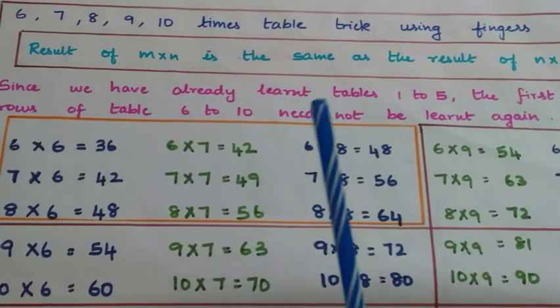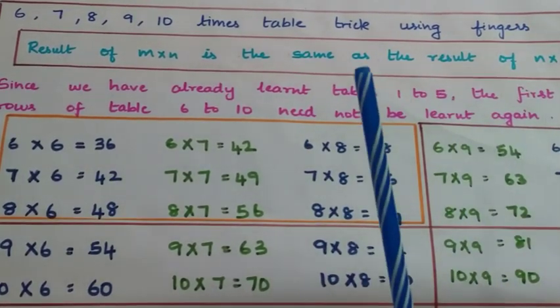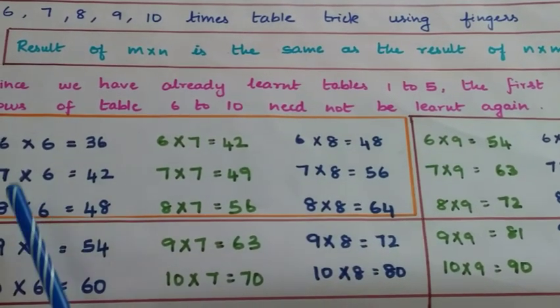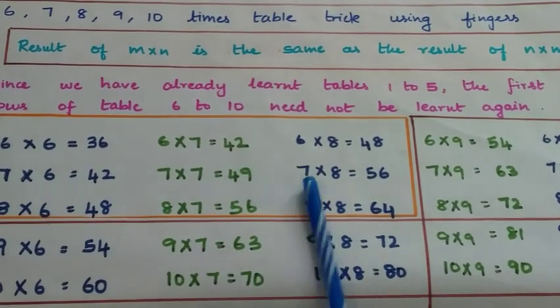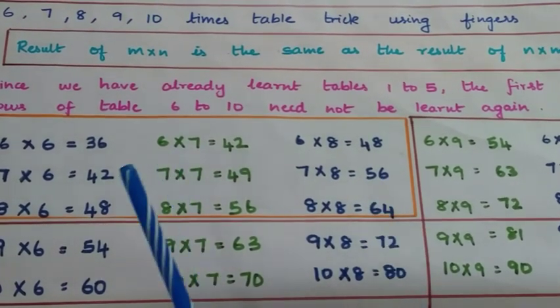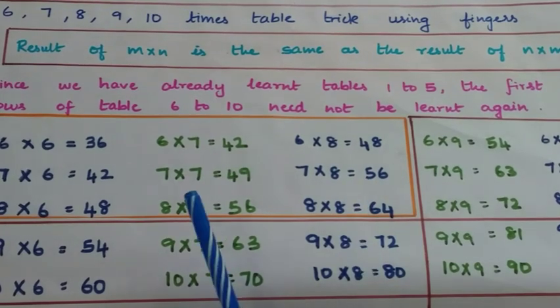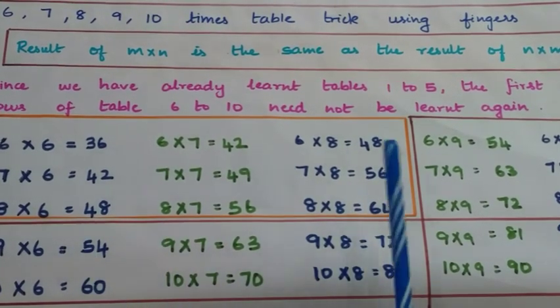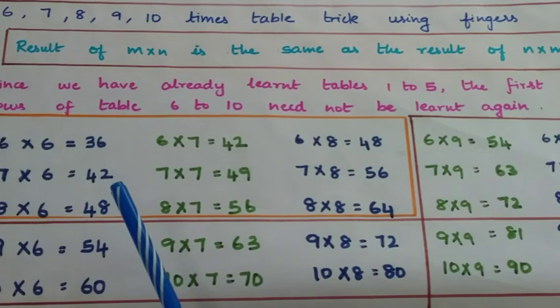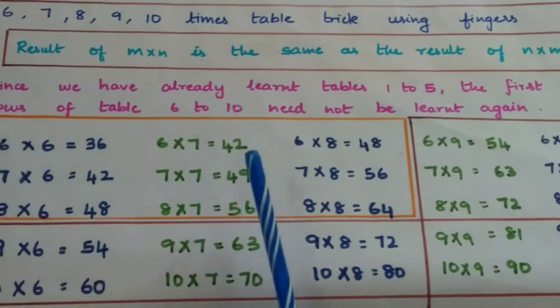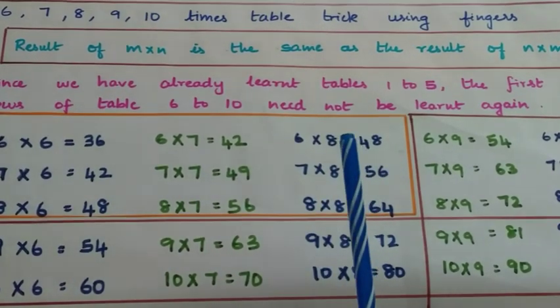So this is one of the tricks where you use your fingers to find the answers of these 9 rows, which are the challenging rows for the kids to memorize when learning the tables 6, 7 and 8. There are various other tricks also to memorize these rows. I will discuss them in detail when I explain each of the tables in my upcoming videos.